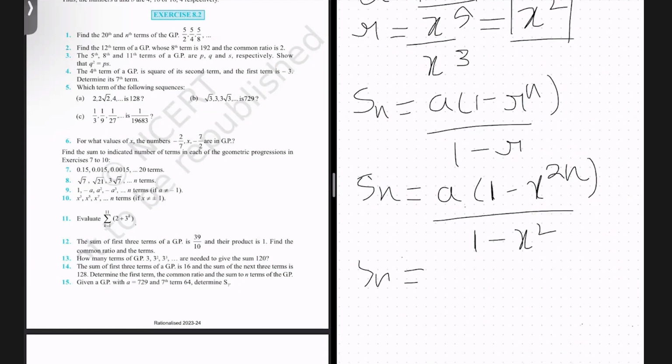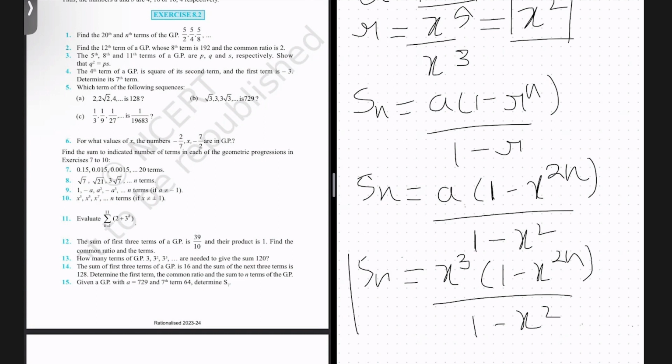So the Sn, the final answer, is going to be, let us substitute a by x cube, x cube into 1 minus x raised to the power 2n. In the denominator we have 1 minus x square. Correct. So that was our answer, and that is how it's going to be. Correct. Makes sense. So this was the 10th question.